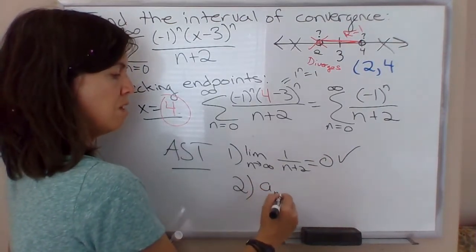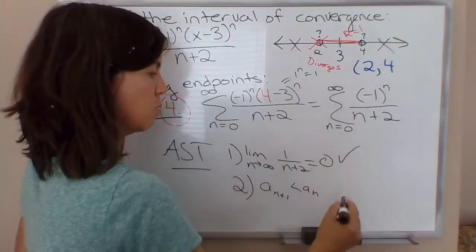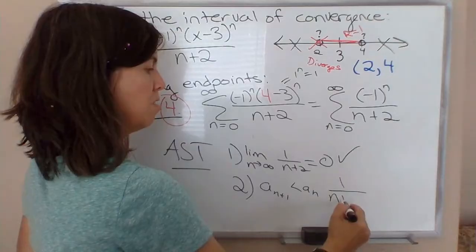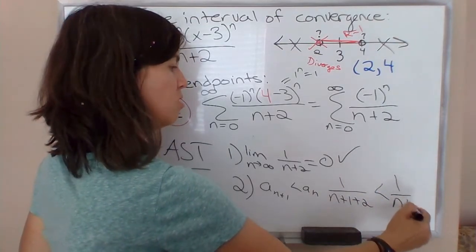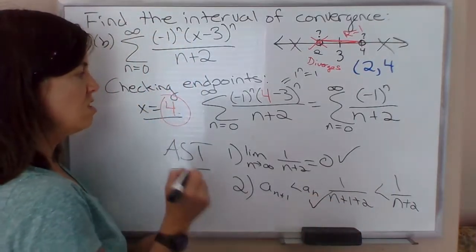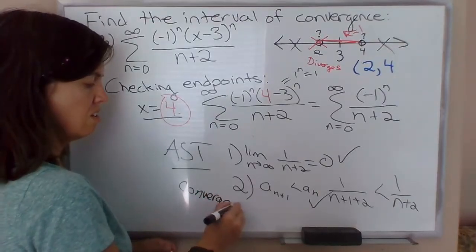Is a n plus 1 less than a n? Are these decreasing terms? So 1 over n plus 1 plus 2 would be less than 1 over n plus 2. Yes. So it satisfies both of those conditions, so it converges by the alternating series test.